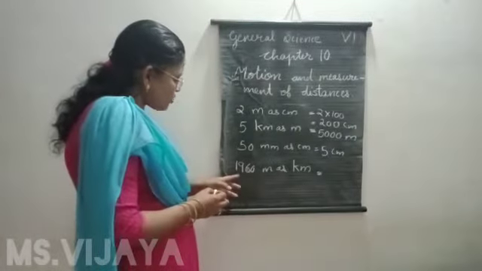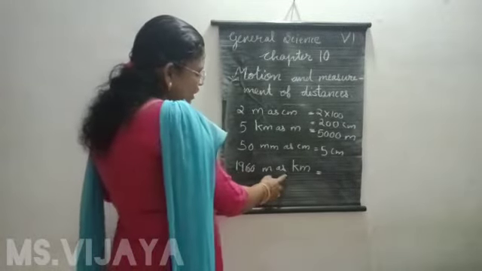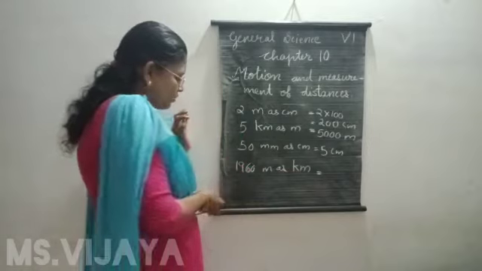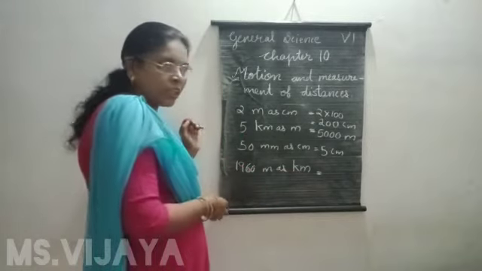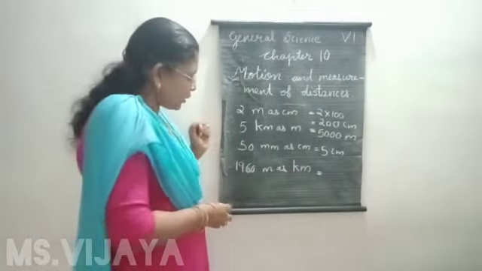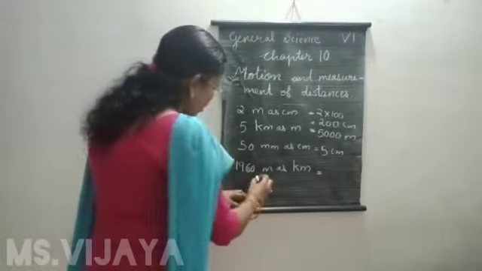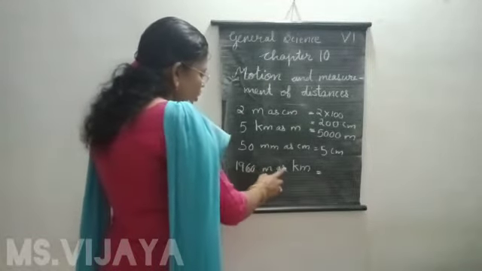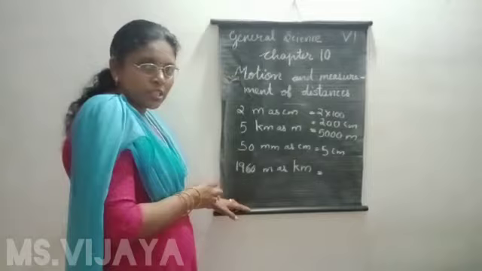Then 1960 meter into kilometer. We have to change 1960 meters into kilometers. How do we do that? Here you know that 1 kilometer is 1000 meter.